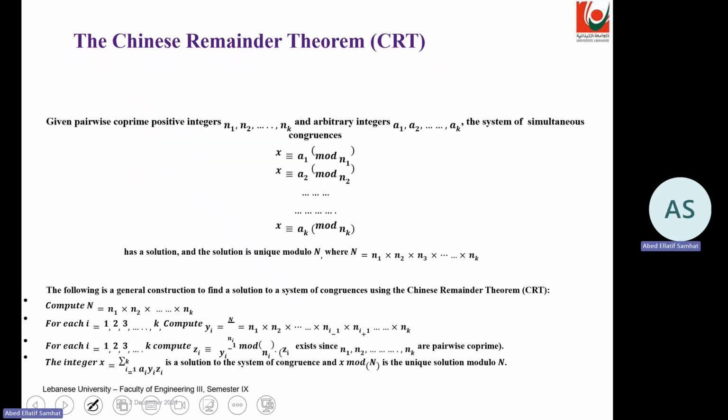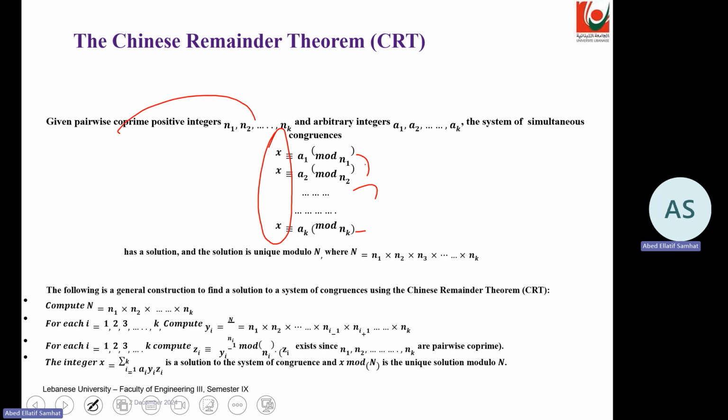Maybe before continuing, we talk about the Chinese remainder theorem. As I explained, it states that you have a number, let's say x, and you don't know x, but you know the residue, the remainder of x modulo different values n1, n2, and n3, such that n1, n2, and n3 are coprime positive numbers.